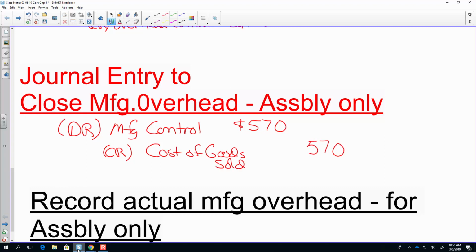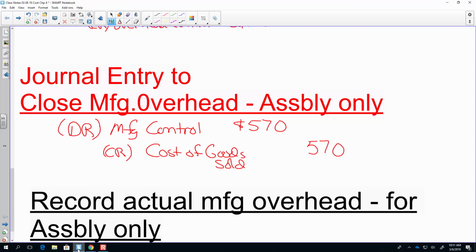Can someone tell me why we're crediting cost of goods sold? Well, one, it's immaterial, it's small. That's why we're crediting it. But what are we also trying to do in addition to closing this account? What are we trying to do for this cost of goods sold account? Make it an actual number, right?